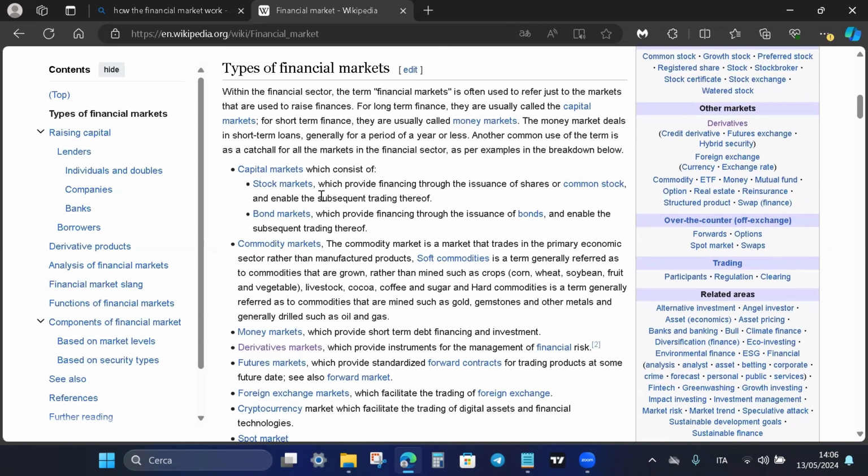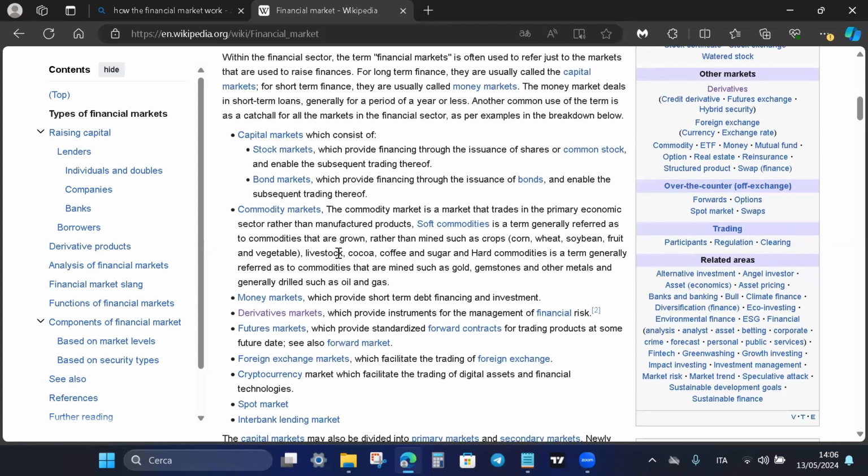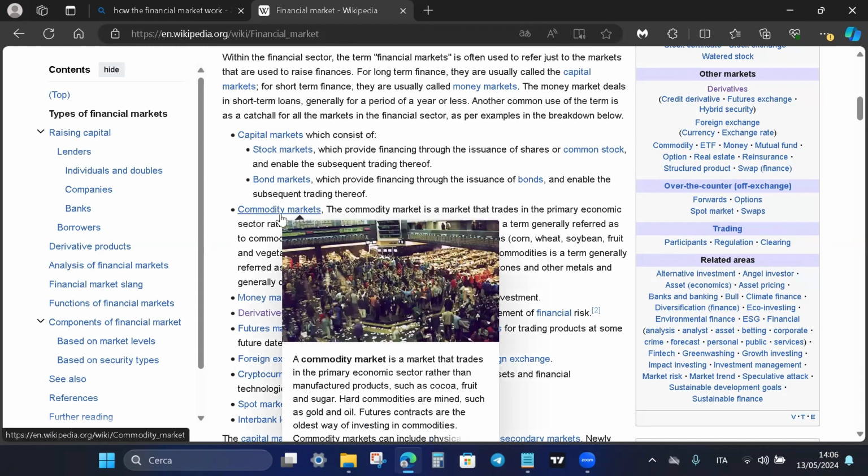Capital markets, which consist of stocks and bonds. This is mostly linked with companies like Tesla, Apple, Microsoft, and so on. Commodities, which is, as you can see, cocoa, coffee, sugar, grains, and all this kind of stuff.